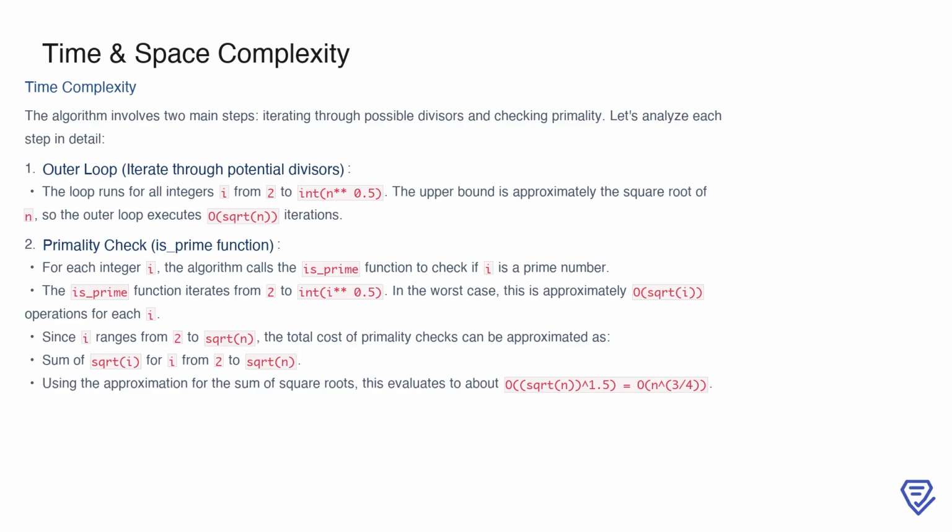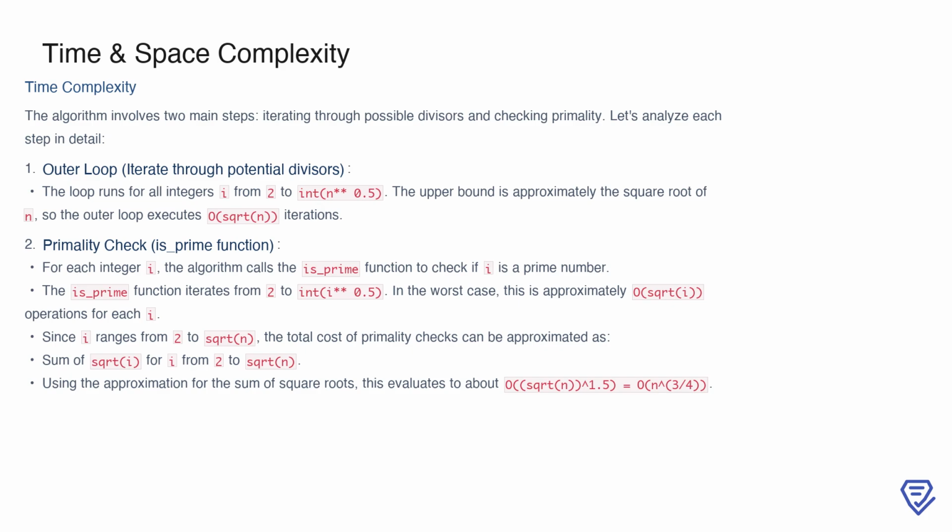First, consider the outer loop, which iterates through all integers from 2 up to the square root of n. Since the upper bound of this range is approximately sqrt(n), the number of iterations in this loop is proportional to O(sqrt(n)). Next, for each integer I, we check whether I is a prime number using the is_prime function. This function itself involves iterating through numbers from 2 to the square root of I, requiring up to O(sqrt(I)) operations.